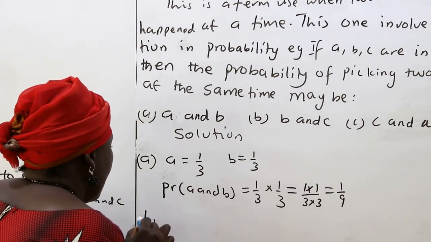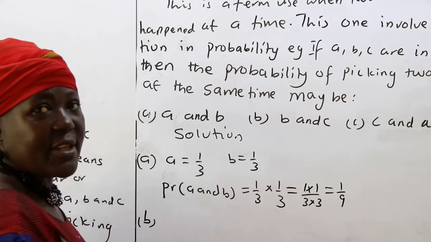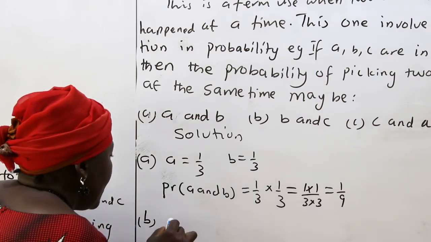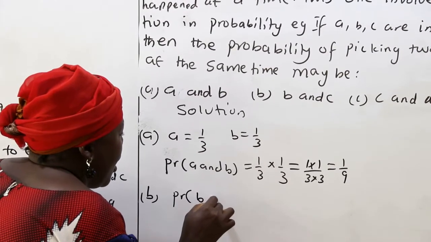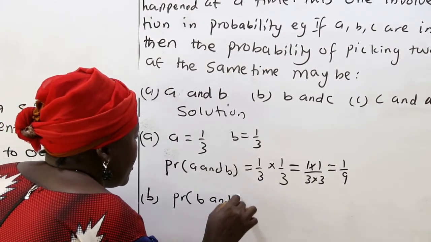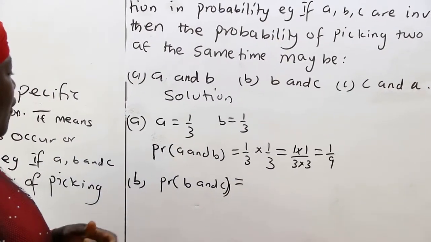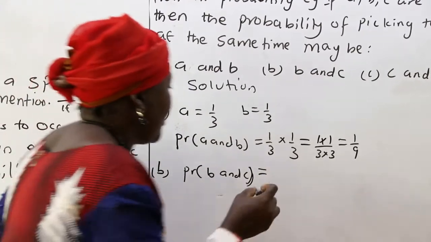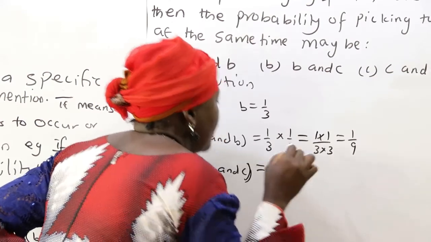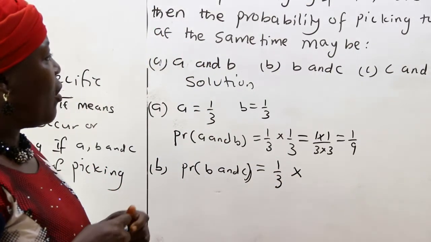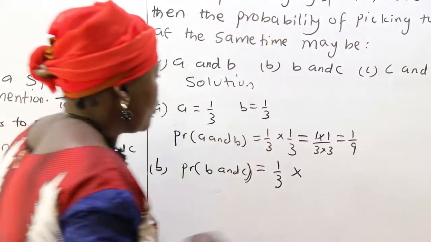Now the probability of picking a B and a C will be equal to, we know that the probability of B is 1/3. Then times the probability of getting C, we know that C is also 1/3. So we have 1/3.